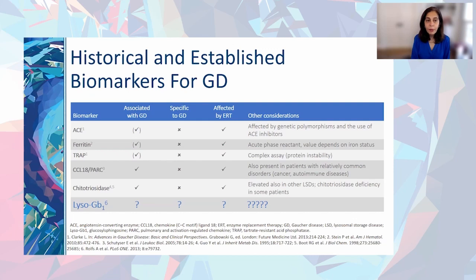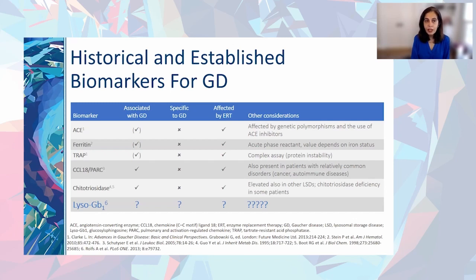Then there is the TRAP, or the acid phosphatase, again associated, not specific, can be a response to therapy, but it's a complex assay. CCL18, again, the same theme, associated, not specific, can be affected by treatment, but it's also present in patients with other relatively common disorders like cancer and autoimmune diseases.